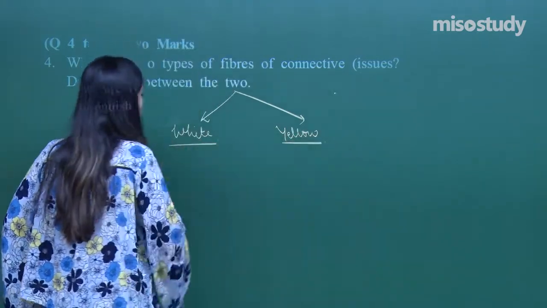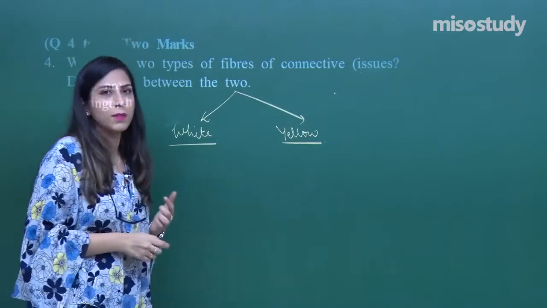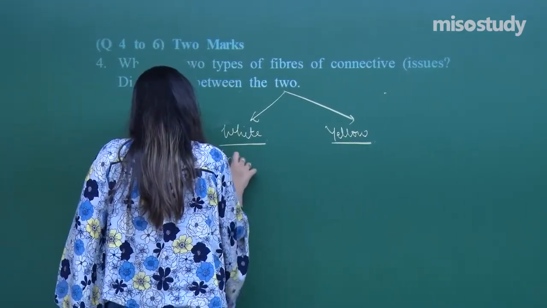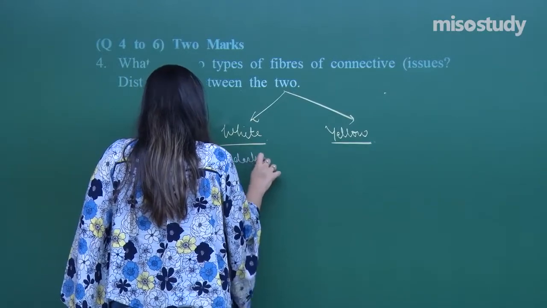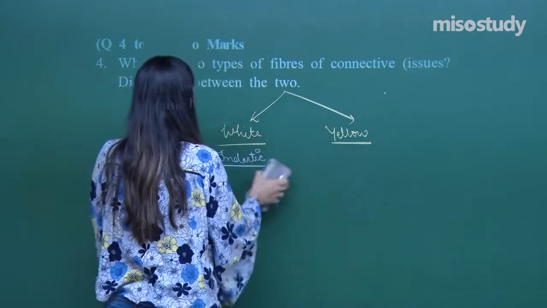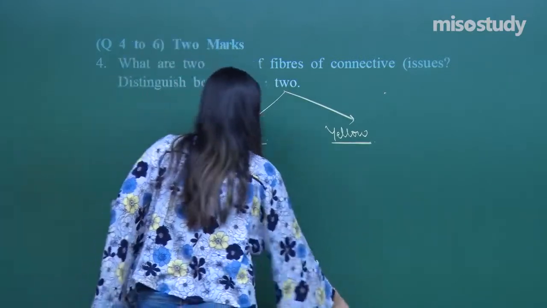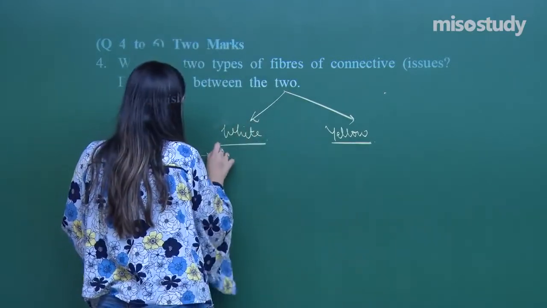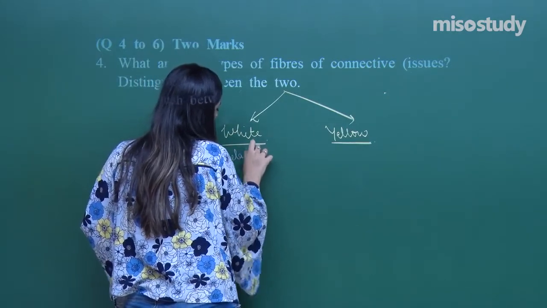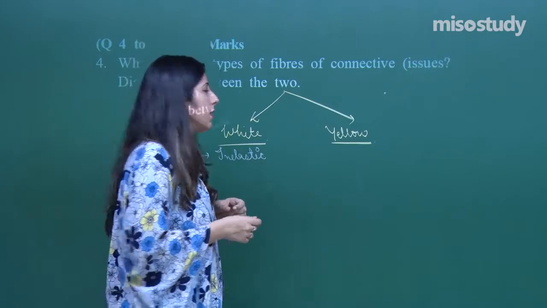To talk about the white fibers, first of all, they are inelastic. That is the first feature. Whereas the yellow fibers are elastic.